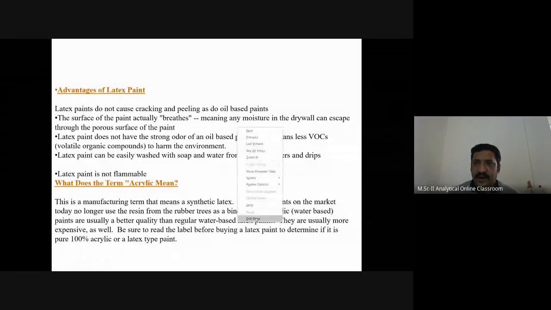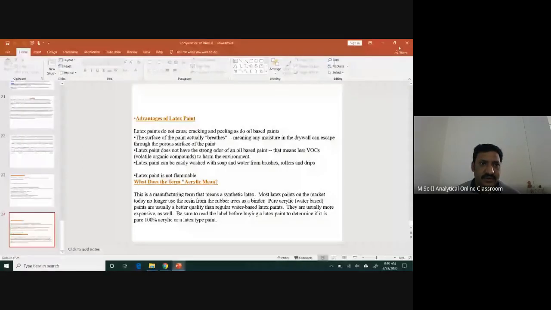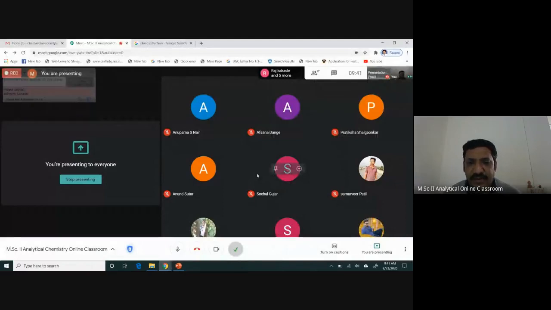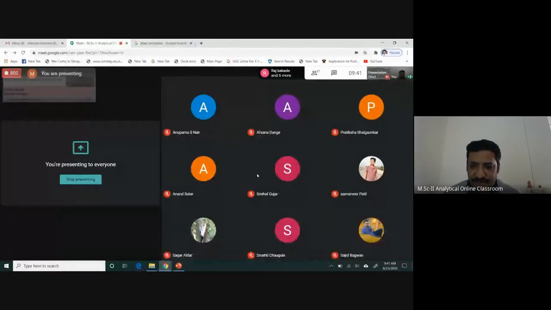So I think this is the theory part of latex paint. Number of times short notes are asked on latex paint. At that time, you have to mention what is meant by latex paint, what its properties are, and after that you go for its advantages and disadvantages.